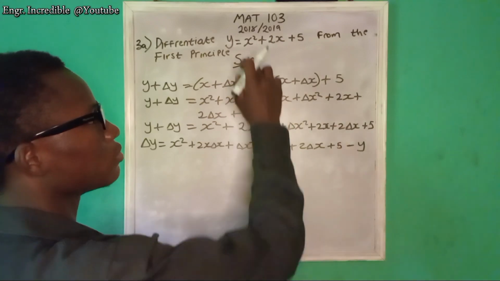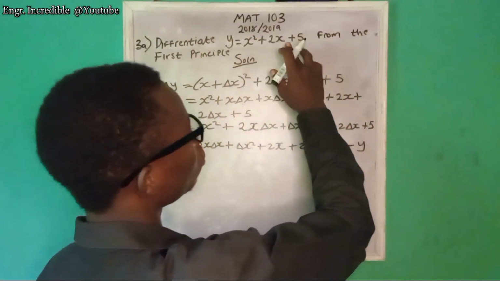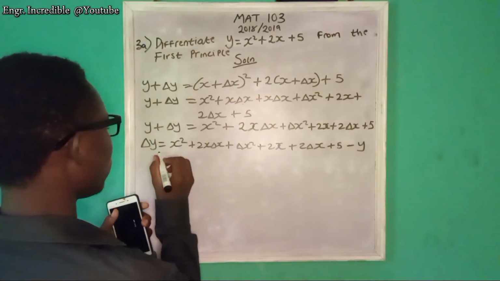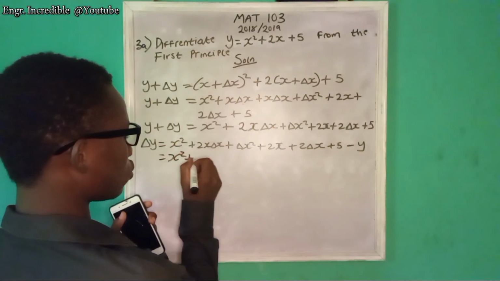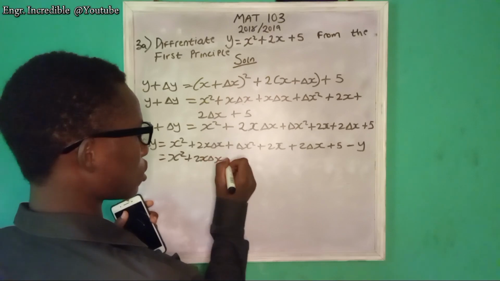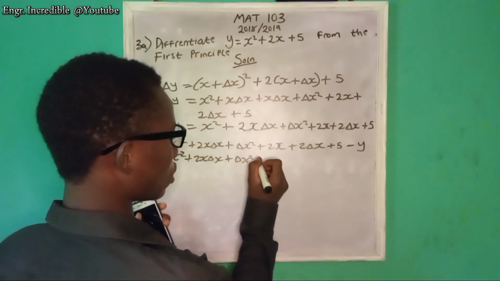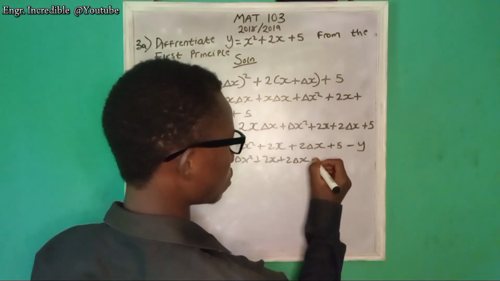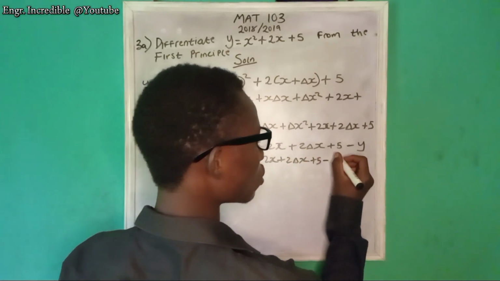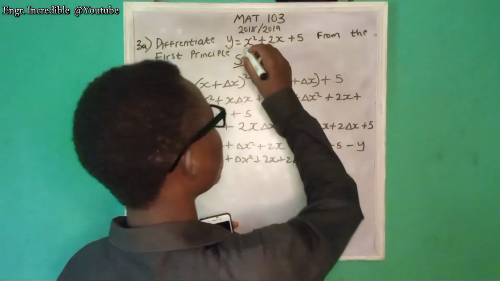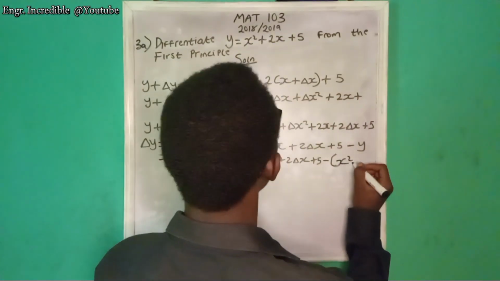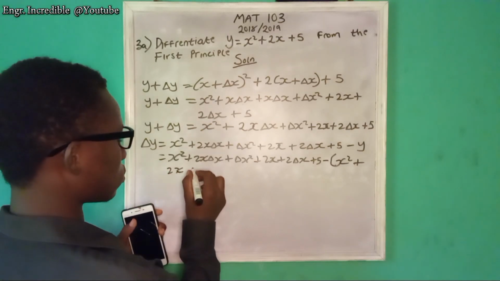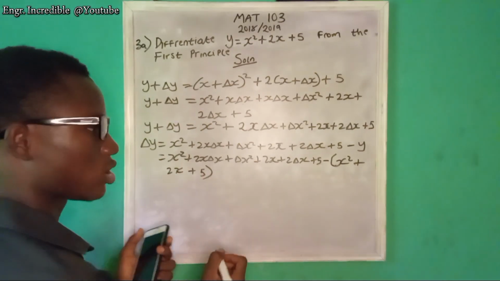We are going to bring back what is inside y, which is x squared plus 2x plus 5, back into this. So we are going to be having delta y as x squared plus 2x delta x plus delta x squared plus 2x plus 2 delta x plus 5 minus, in brackets, whatever that is here before, we have x squared plus 2x plus 5, then we close our brackets.